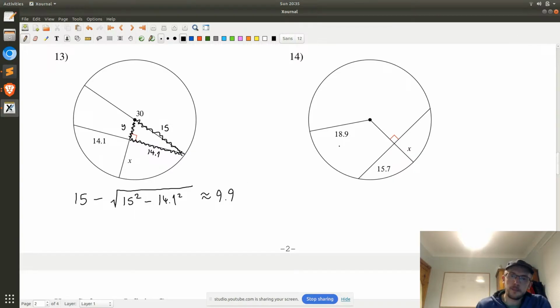Okay, last one. 15.7 appears to refer to this half of the chord. So that'll be 15.7 as well. And the radius is 18.9. So it's a similar situation to before. 18.9 minus the square root of 18.9 squared minus 15.7 squared.